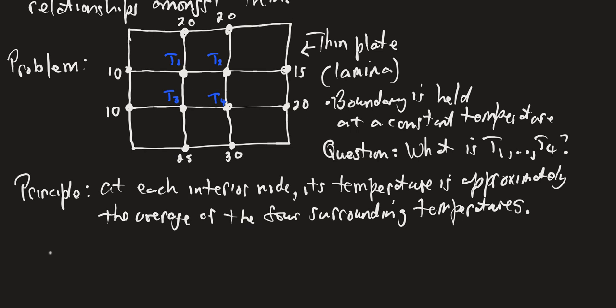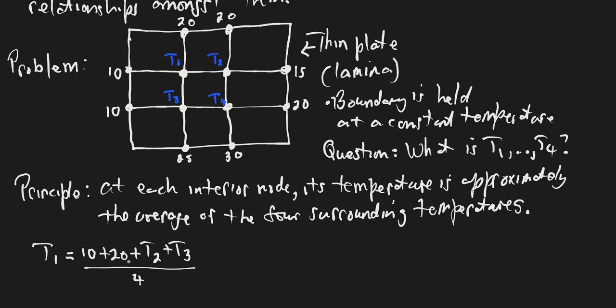So let's start writing down some equations, because we know how to find the average of something, right? So T1 is equal to 10 plus 20 plus T2 plus T3 all over 4, right? Again, that's how we take an average.